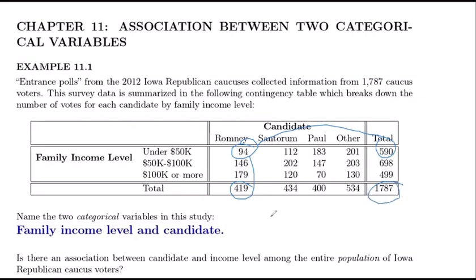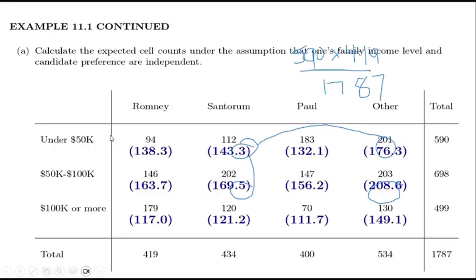So the expected cell count for 94 is going to be 590 multiplied by 419, divided by 1787. When you do that, you're going to get the expected cell count for 94, which is 138.3.